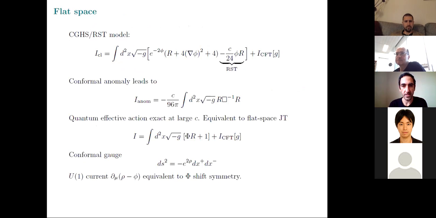But if you think about this model in this way, this flat space JT model can be thought of as a dimensional reduction of flat space gravity in 3 dimensions, in the same way that JT in AdS2 can be thought of as a dimensional reduction of AdS3 gravity.